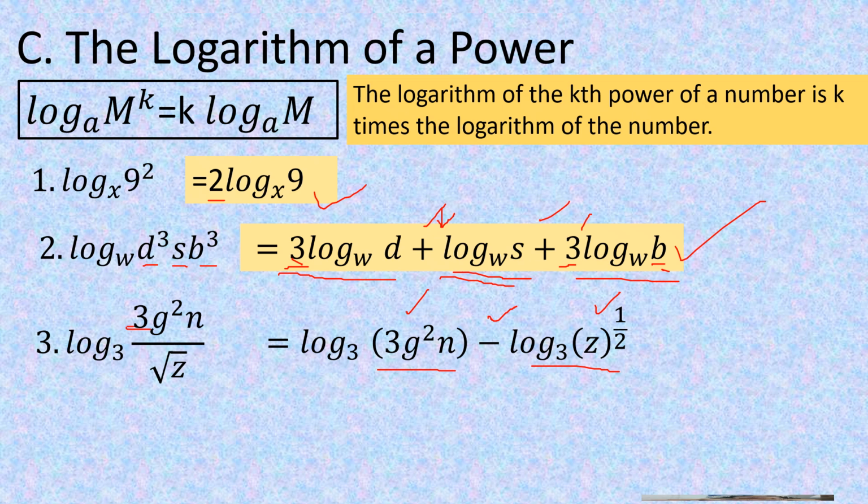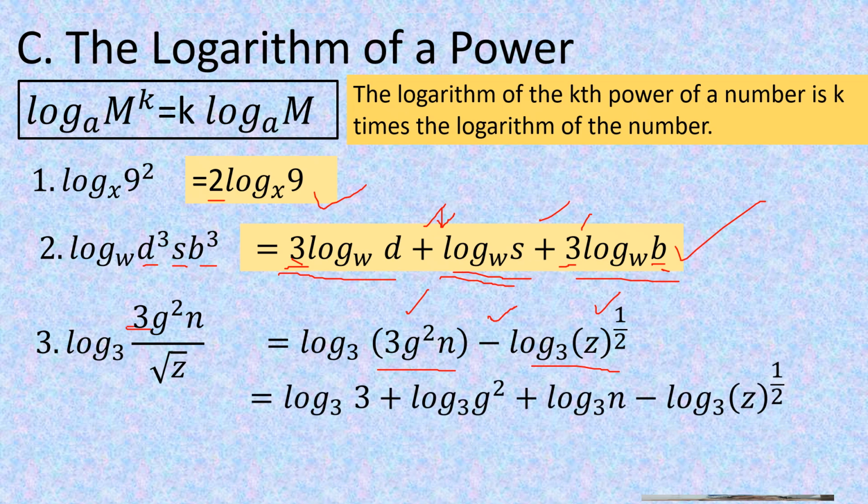Remember that the square root is represented by a fractional exponent of 1/2. So there's no radical sign anymore, but instead we have the exponent in fractional form. We are not yet done because we are going to apply the different laws, the logarithm of a product and the logarithm of a power. So what is the next step?